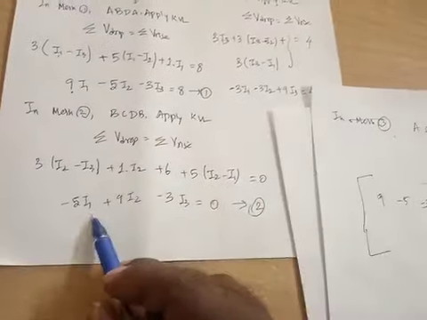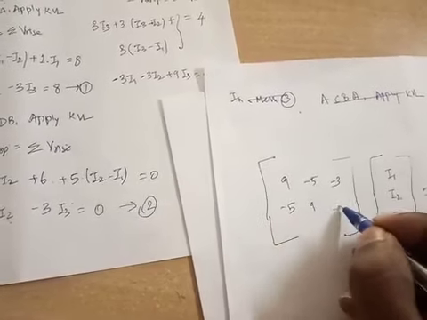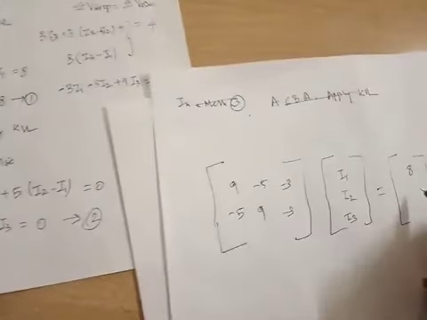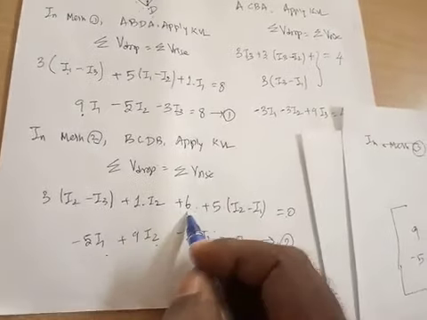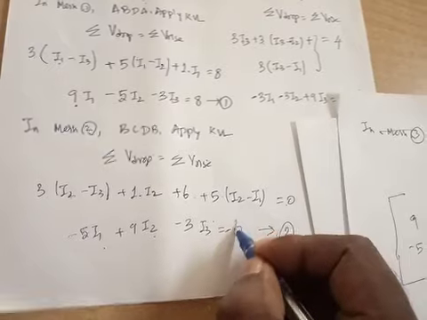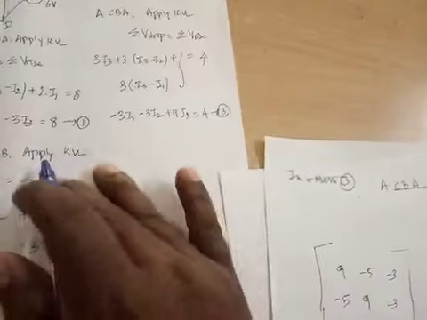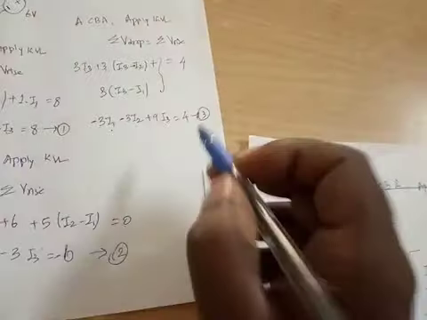Second equation: minus 5, 9, minus 3, equals 0. It is not 0, this plus 6 will become minus 6, so here it is minus 6. The third equation: minus 3, minus 3, 9, and 4.